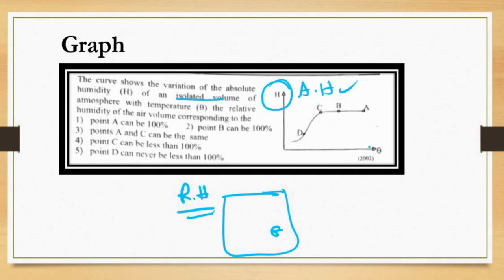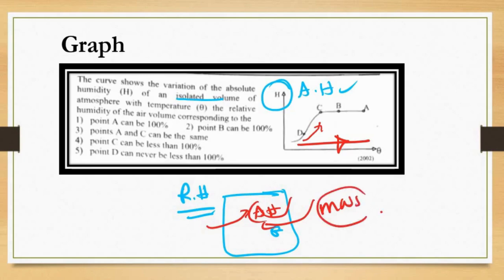You can easily see the temperature is increasing here, up to here. When temperature is increasing, absolute humidity is increasing. If this is isolated, the absolute humidity increases, which means the mass of water vapor present in the air is increasing.